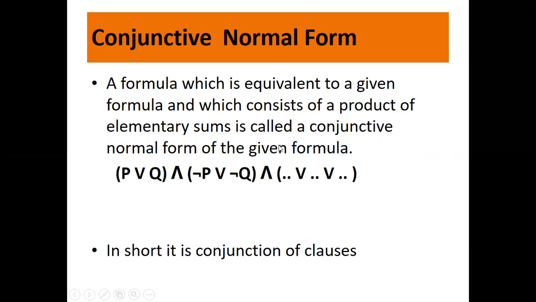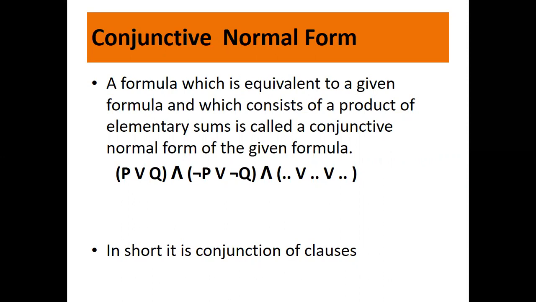Fine. Exactly the opposite type of formula we had in disjunctive normal form. So in short, it is conjunction of clauses. This is one clause, this is one clause, this is one clause, and all are connected using conjunction, right? Again, we'll look at a few examples, so the concept will be still more clear.